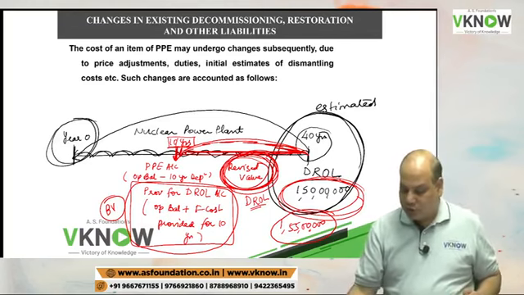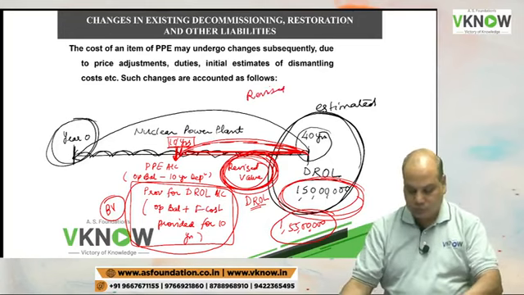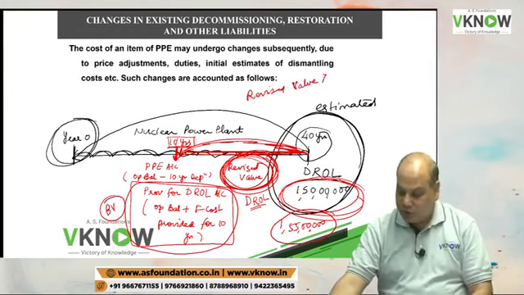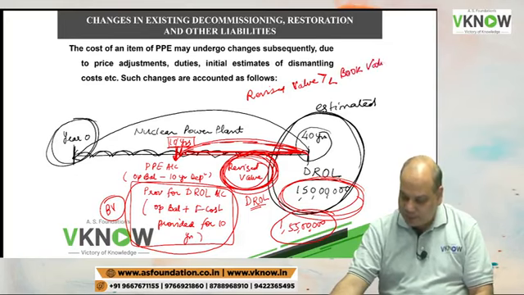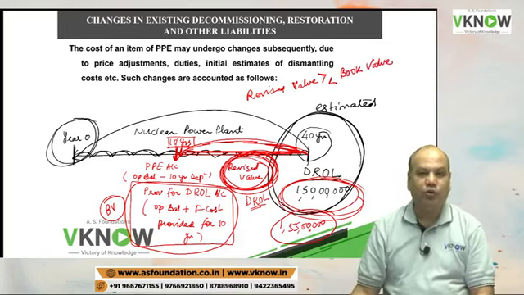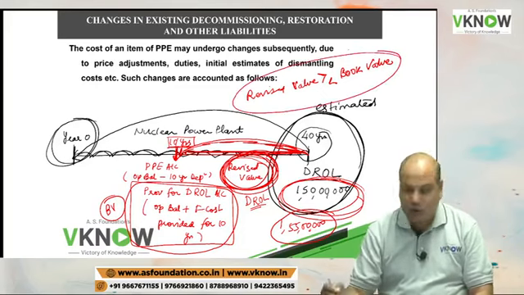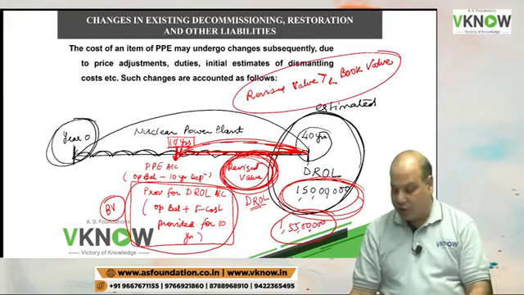Now the question is, if this revised value of decommissioning liability is greater than or less than the book value of the liability, what is the accounting treatment for that?